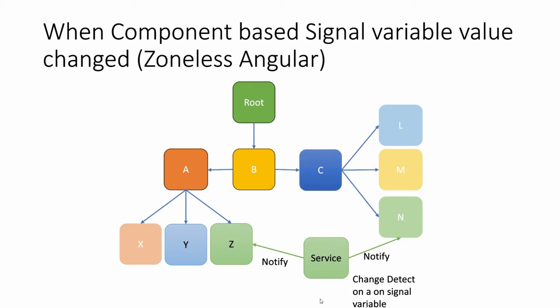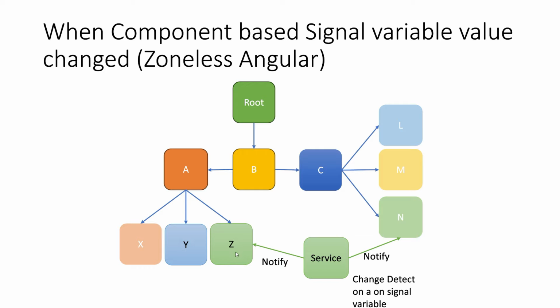And if we have a signal variable in a service, it will automatically notify the consumers of this signal. So let's say that signal variable is used by one component or another component. Whenever this signal variable is updated, it will notify the component there is a new change, please reload the component.